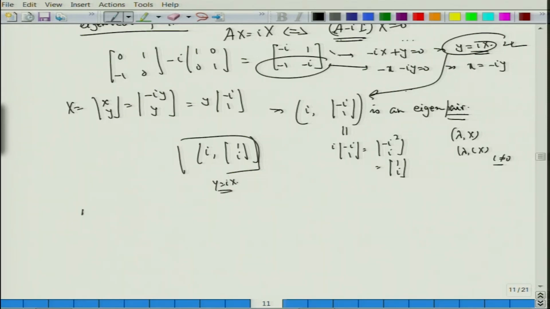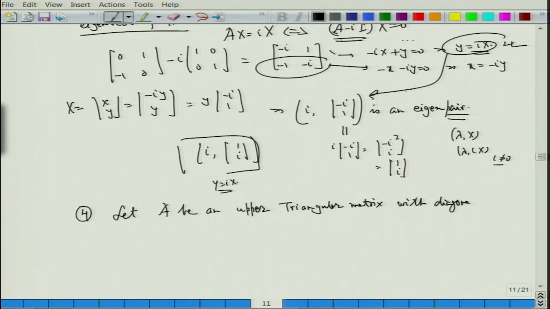Fine. Another example, let A be an upper triangular matrix with diagonal entries d1, d2, dn.